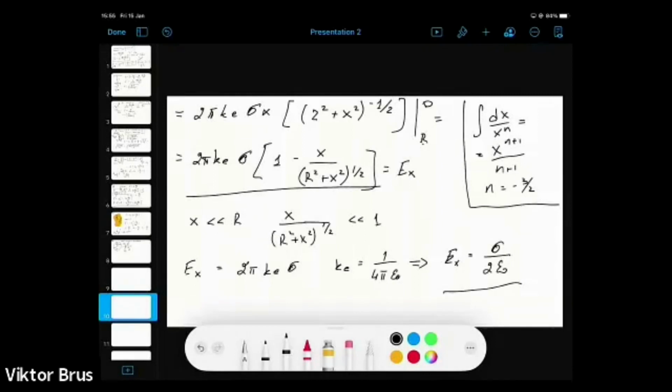So there's a lot of things to do in the future. Take your time to read during the weekend this electric field lines concept. And if you have any questions on this topic, you are strongly recommended to ask them on Monday.